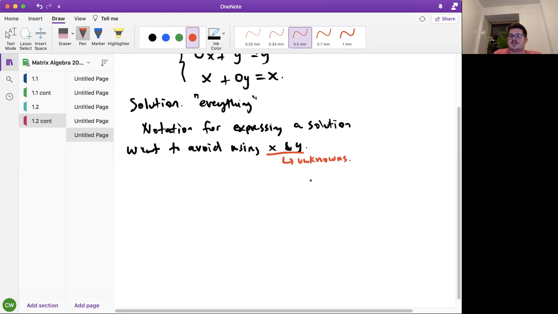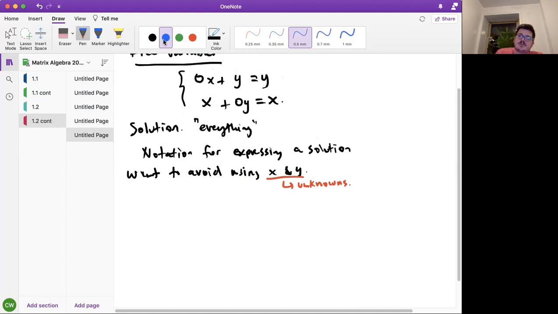But we're solving for it, so we do know it, right? So when we have an infinite number of solutions like this, how do we express this? Yes, this is a solution x, y, where x and y are anything. I'll put this in quotes because we're going to give a better explanation of that.